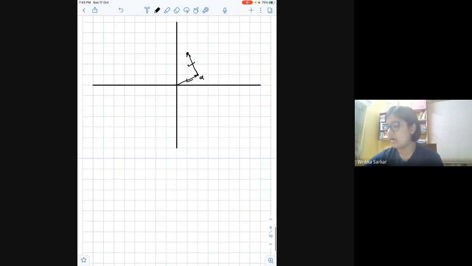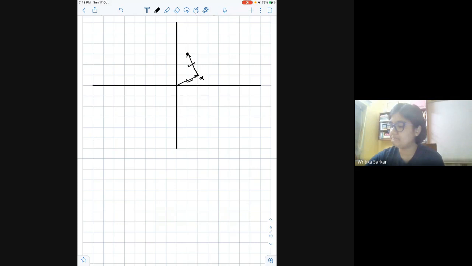The thing to understand is that if you look at the units, you have 1, minus 1, i and minus i. I'll mark them: this is 1, this is minus 1, this is minus i, and this is i, and these are the units. We want to see where these units are going after multiplication.